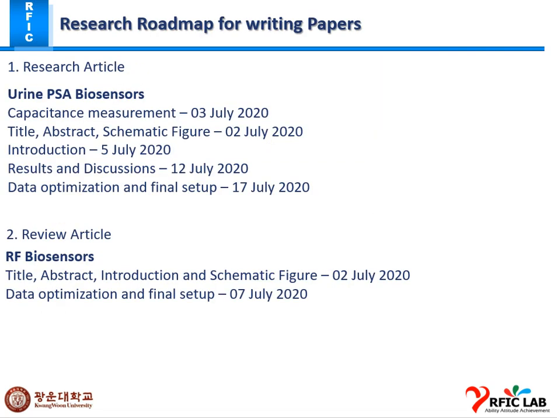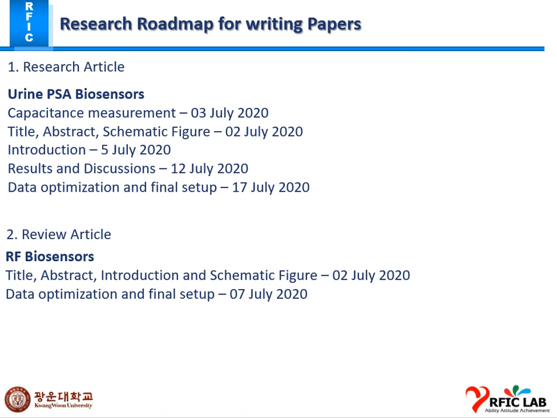And this is my research roadmap for writing papers. For the urine PSA biosensor, as I told you, we have to start again the capacitance measurement, making a sample, and it will be done by the 3rd of July. The draft paper is already started.